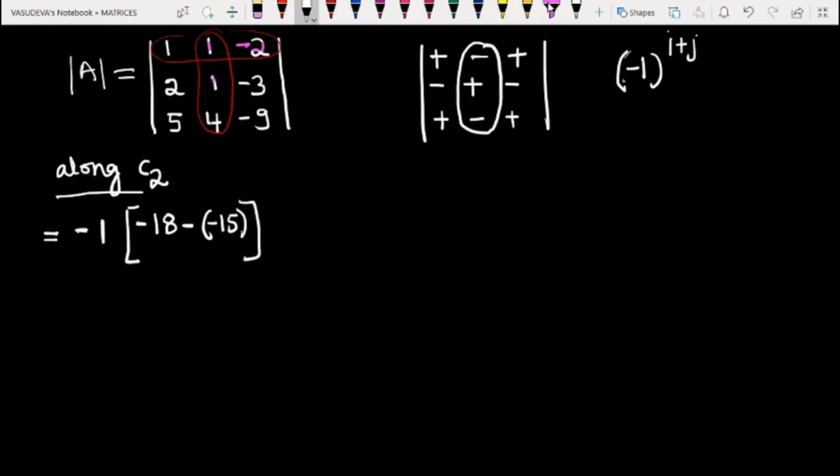So now we have expanded along the second column. After the first 1, the next element is 1, but what is the sign scheme for that? Plus. So here plus 1 into, now that 1 into 1 lies in the second row and the second column.